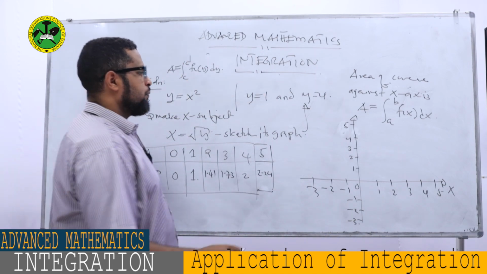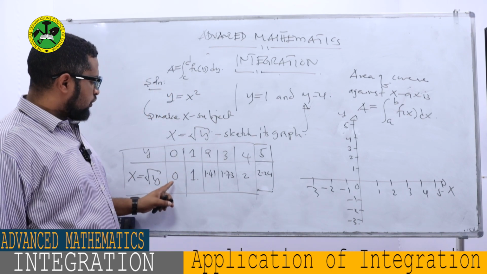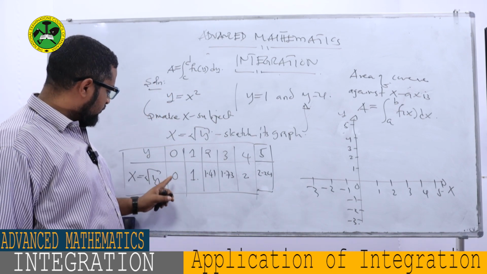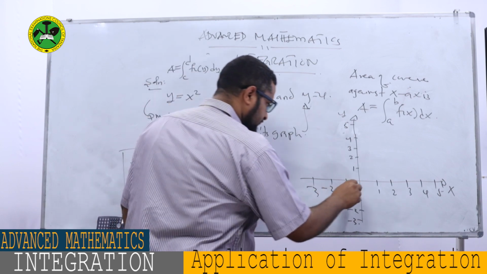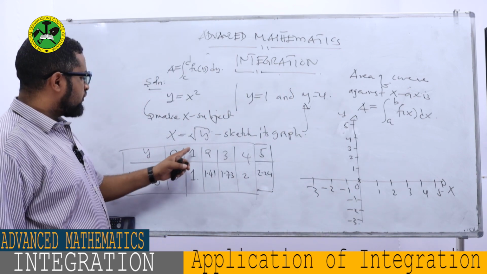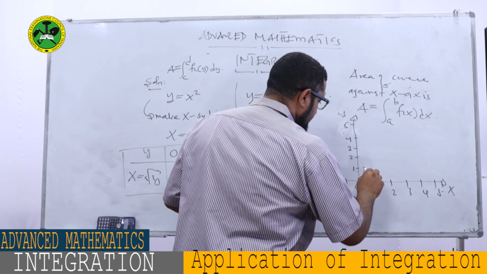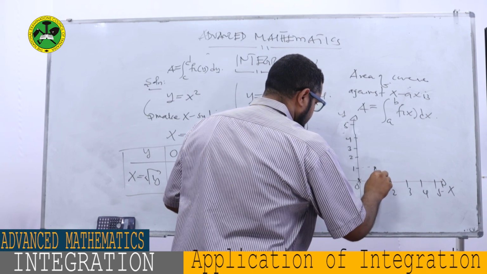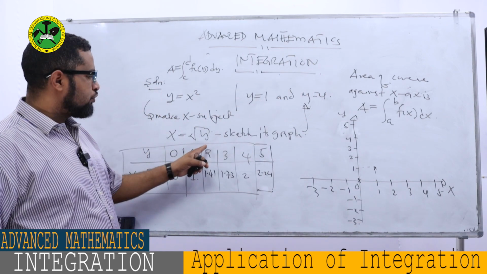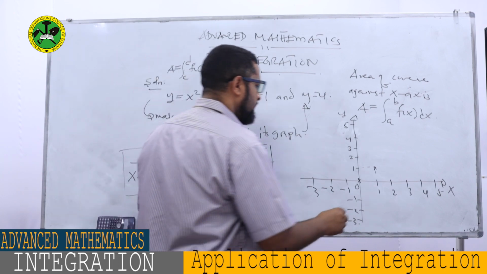Thereafter, now starting to plot. When y is equal to 0, x is also equal to 0. The point will be there. When y is equal to 1, x is also equal to 1. When y is equal to 2, the value of x is 1.4.